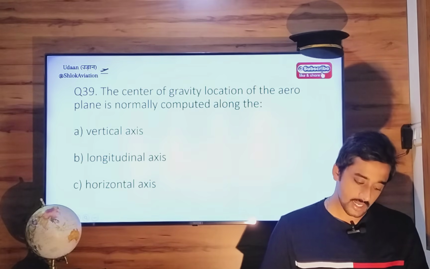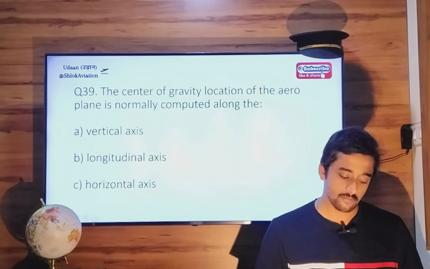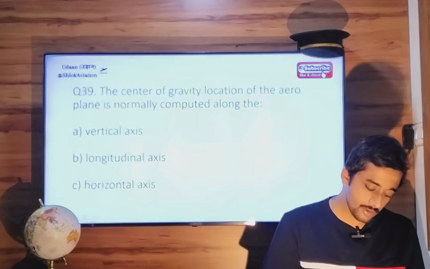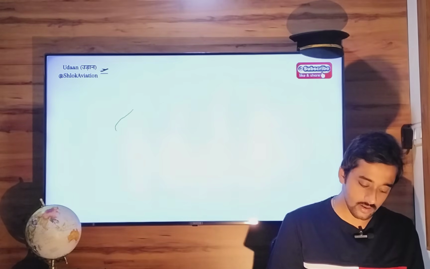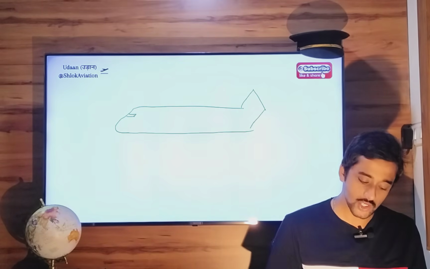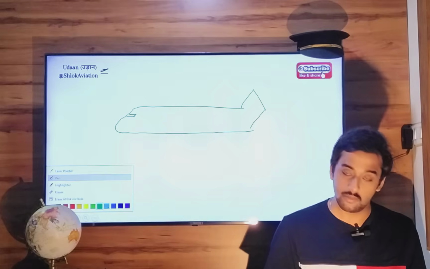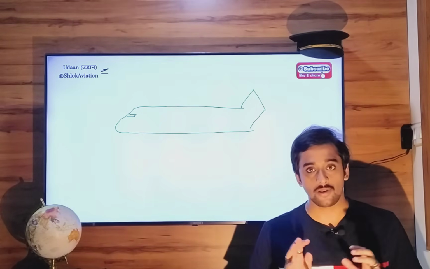Question 39. The center of gravity location of aeroplane is normally computed along the longitudinal axis. Okay, so let's say this is your aircraft. There will be a datum in front of your aircraft. It can be inside your aircraft, outside your aircraft.